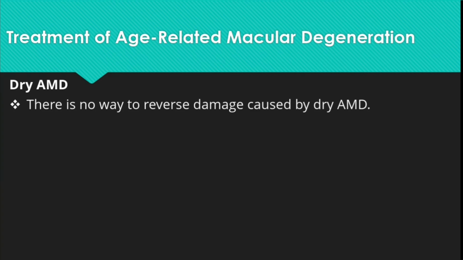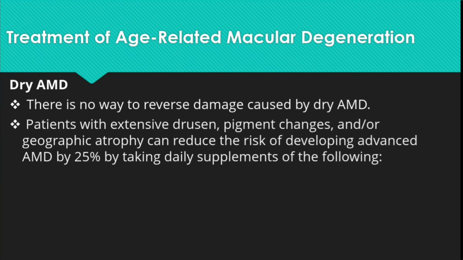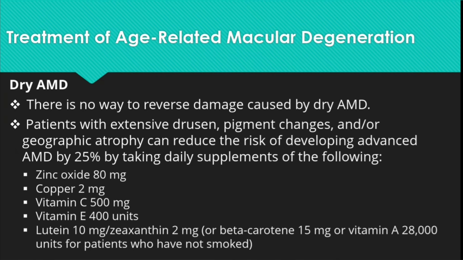Patients with extensive drusen, those yellowish deposits, pigment changes, and or geographic atrophy can reduce the risk of developing advanced AMD by 25% by taking daily supplements of the following agents: zinc oxide 80 milligrams, copper 2 milligrams, vitamin C 500 milligrams, vitamin E 400 units, lutein 10 milligrams, or zeaxanthin 2 milligrams, beta carotene 15 milligrams, or vitamin A 28,000 units for patients who have not smoked.